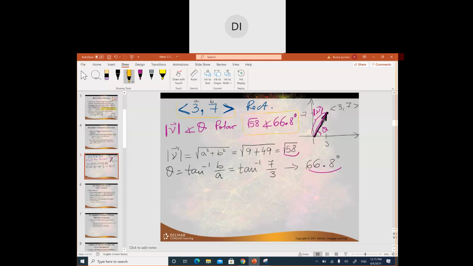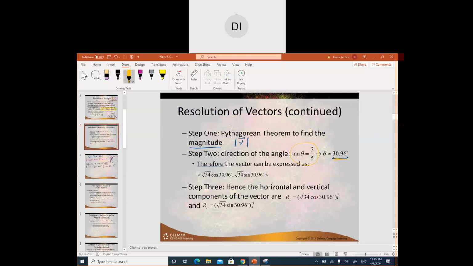Now, if they give me the polar and I need to find the rectangular, then we're going to use the other formula. See this one: this is the magnitude times the cosine of the angle, and this is the magnitude times the sine of the angle. So this is how you do that. You got it?